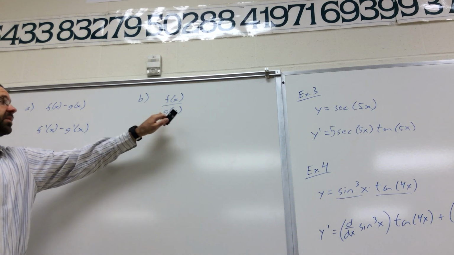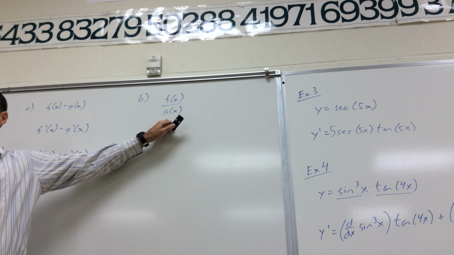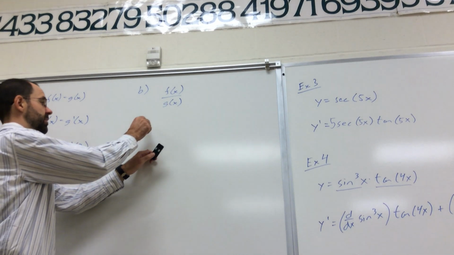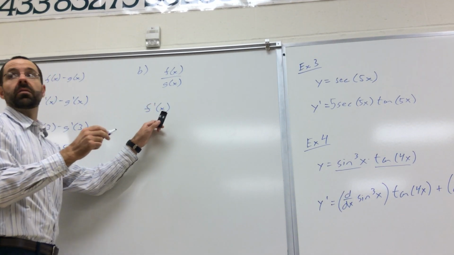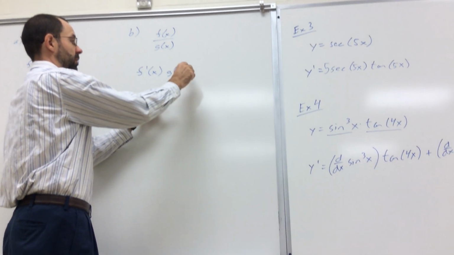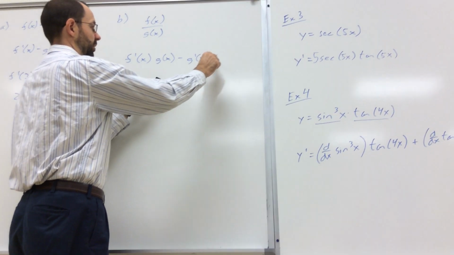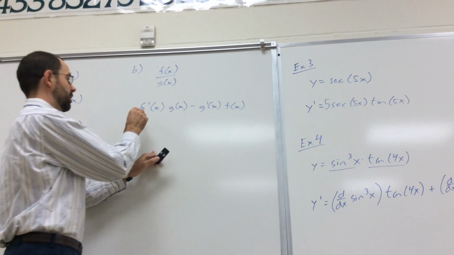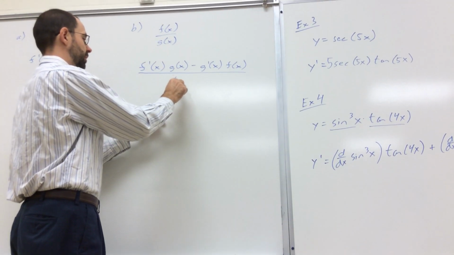If I was going to take this derivative, since there's division, I have to use quotient rule. So you take the derivative of the top times the regular bottom minus the derivative of the bottom times the regular top all over the bottom squared.